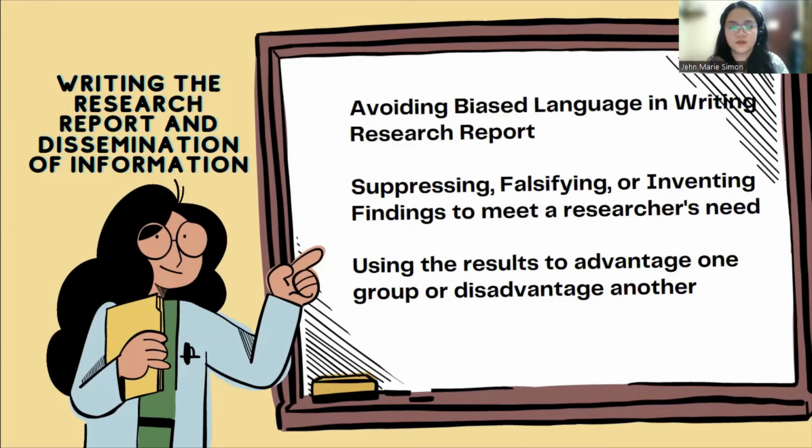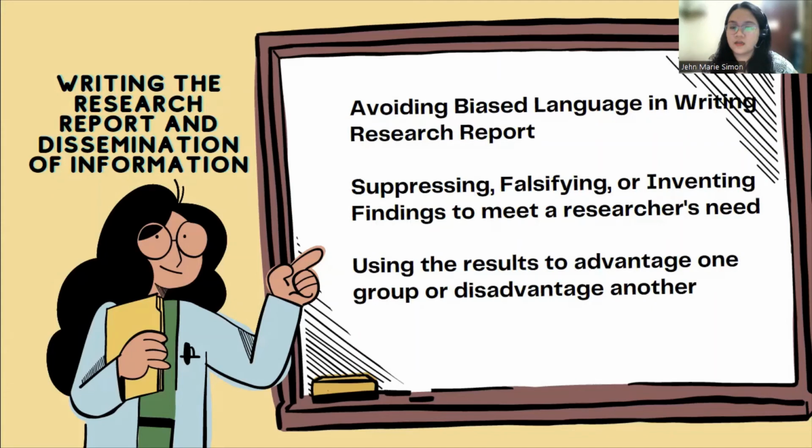Using the results to advantage one group or disadvantage another. So as I said a while ago, our example is the rape victims. So because you already know that she's a rape victim, you use that against her naman. So, dinakmail mo na siya. So, that's not good.